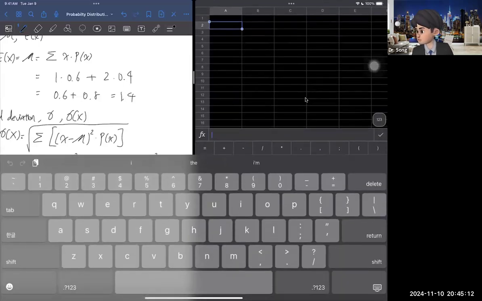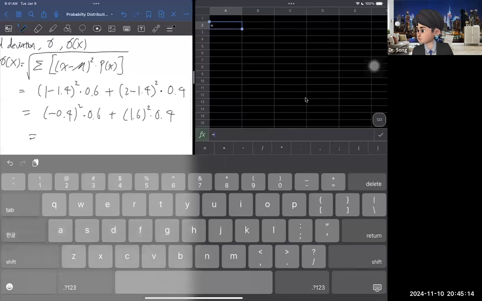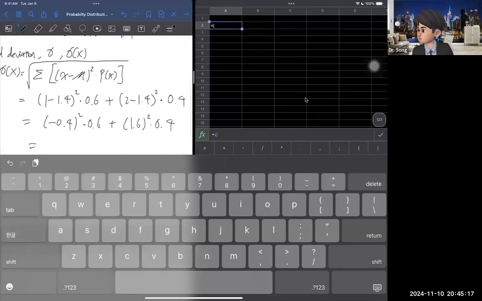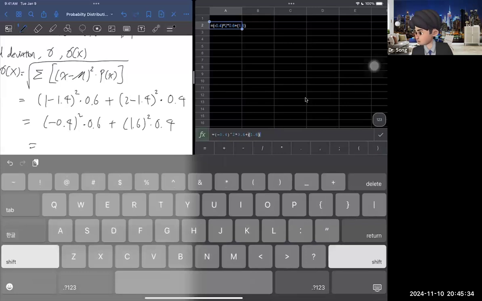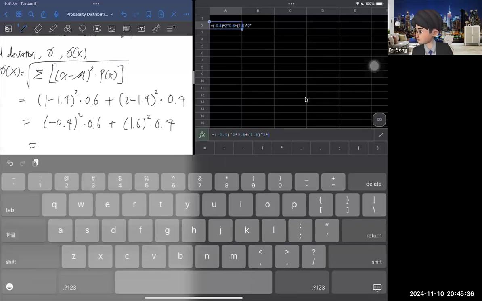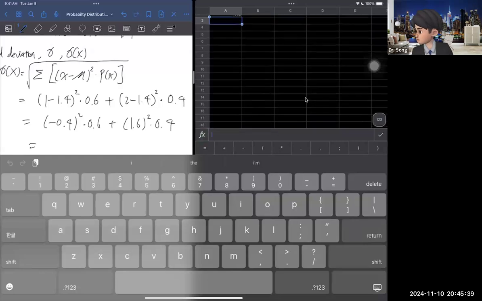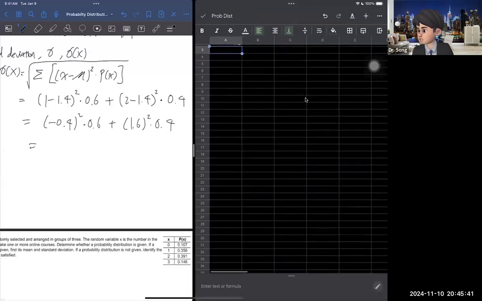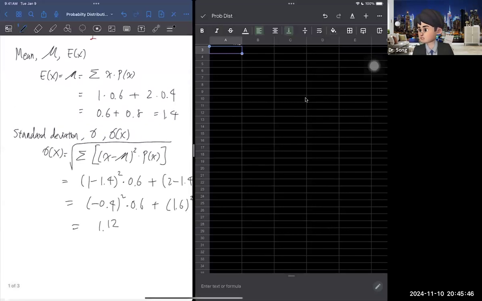So I put the equals sign and I calculate: parenthesis negative 0.4 close the parenthesis power of 2 times 0.6 plus open the parenthesis 1.6 close the parenthesis squared times 0.4, and I got 1.12. That's the answer for the variance. So that's how you calculate the standard deviation and the mean.